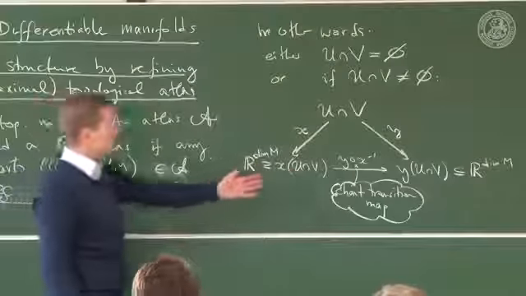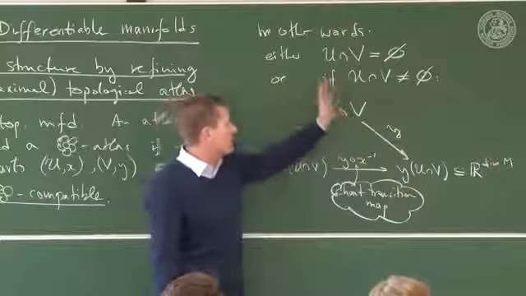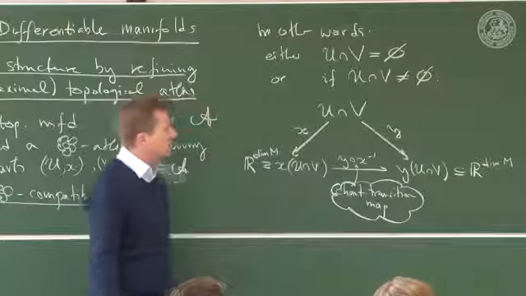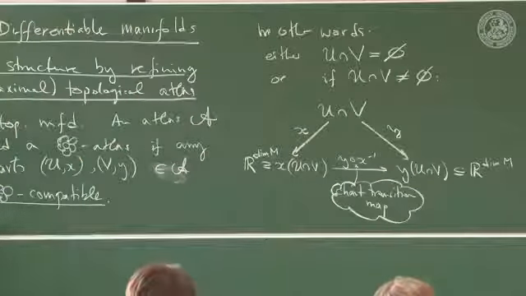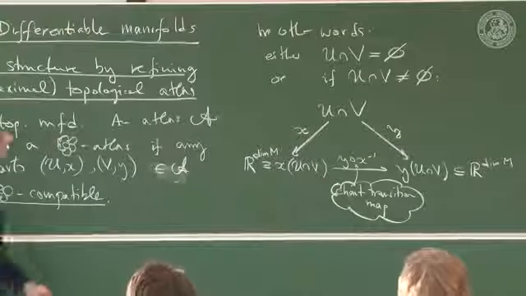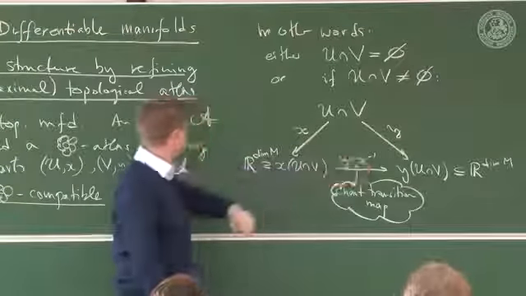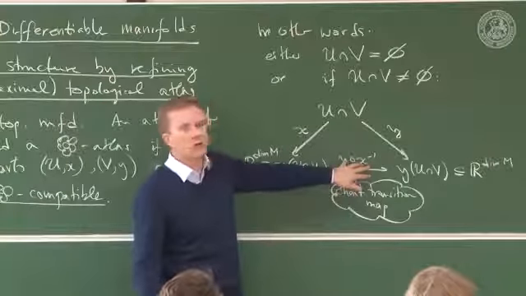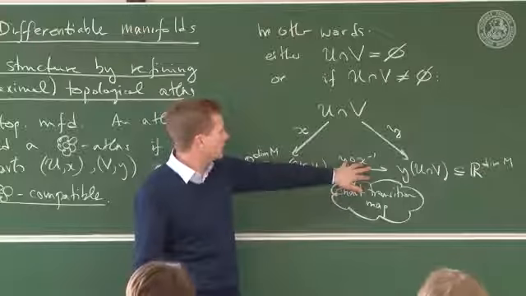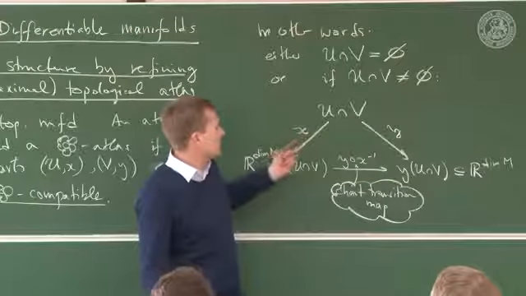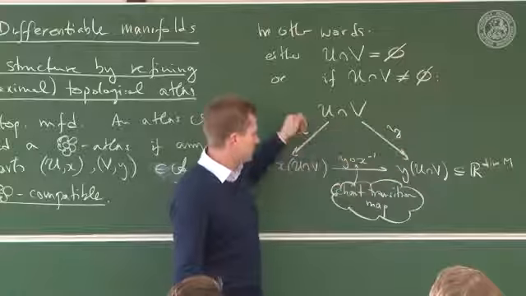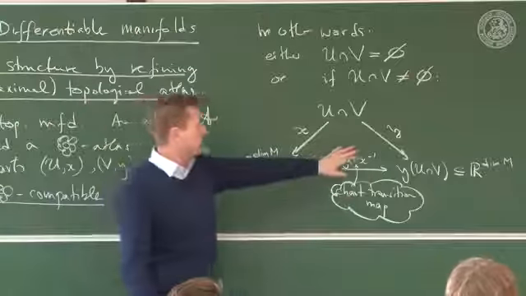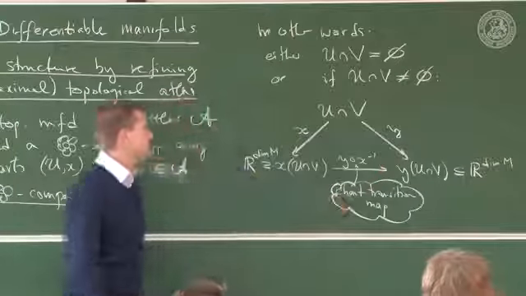So the chart transition map is not between manifolds in general, but it's a map from R dim M to R dim M. And now we know from last time that in a topological manifold, such a chart transition map is always a homeomorphism, because x is a homeomorphism, y is a homeomorphism, so the composition of y and the inverse of x is a homeomorphism, so they're always C0 compatible.